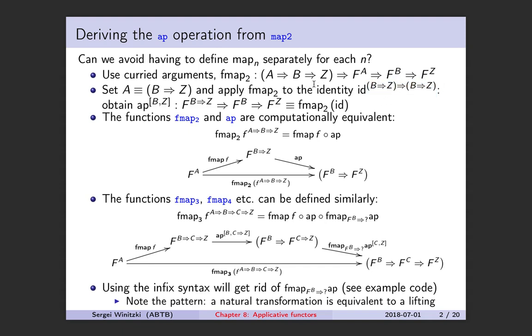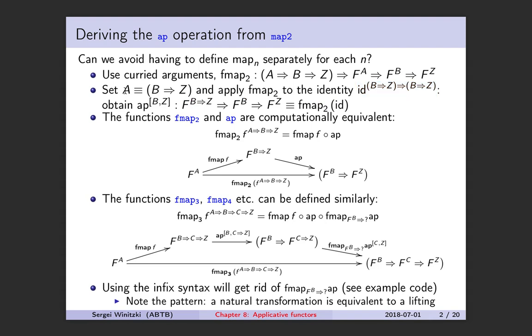So we have an identity function of this type always. And we can just apply fmap2 to that identity function. And the result would be a function of type fa to fb to fz, but a is b to z. So the result will be of type like this. And so that's just fmap2 applied to the identity function of this type.